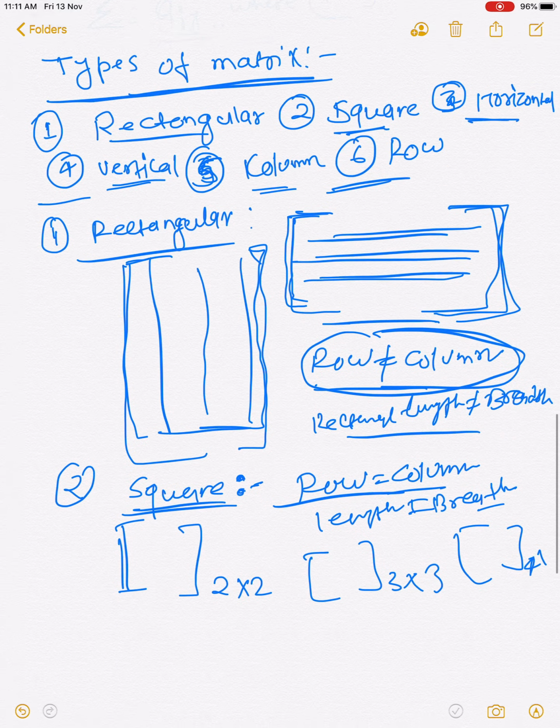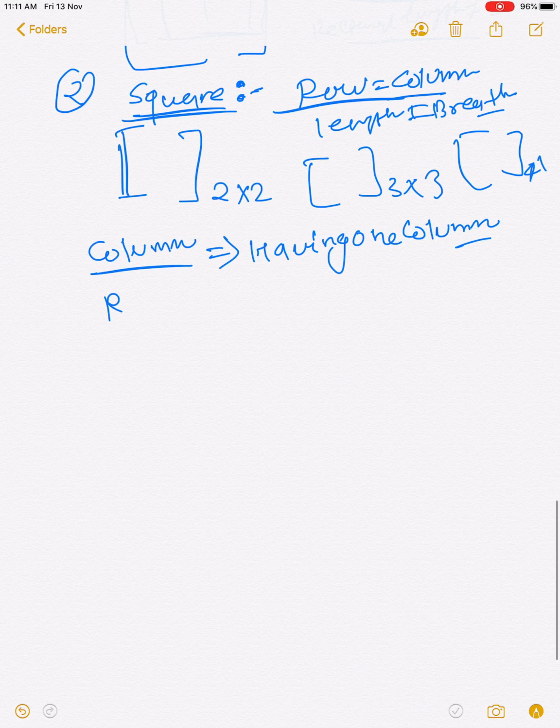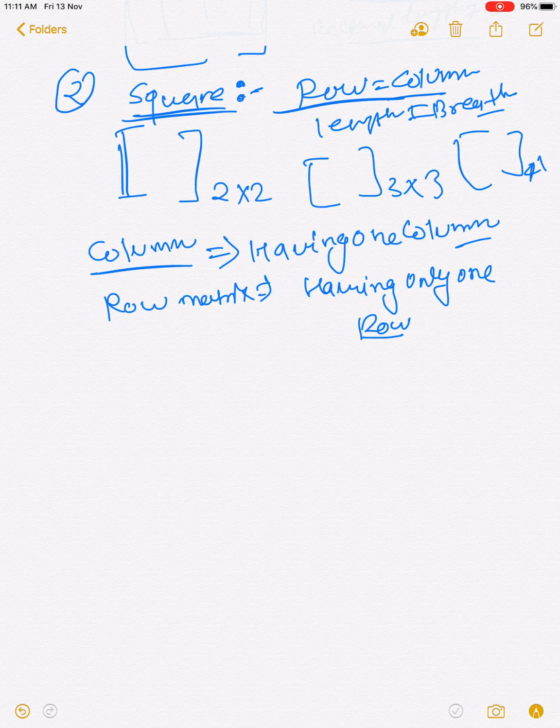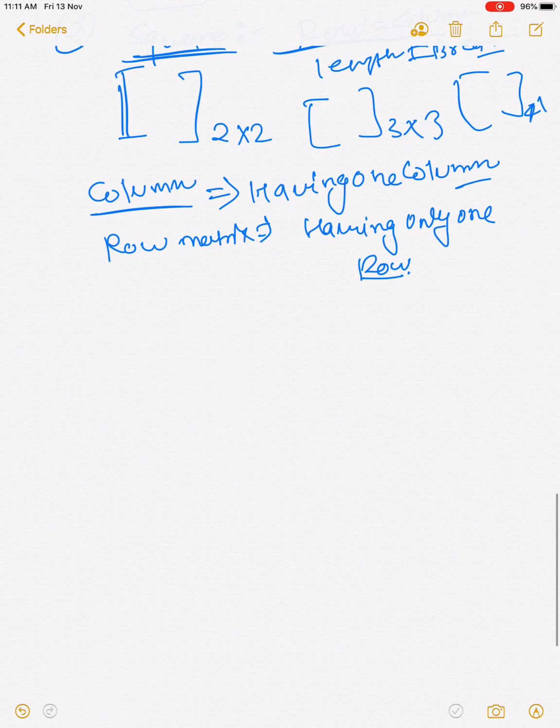And now the column matrix, having only one column, and the row matrix, having only one row.